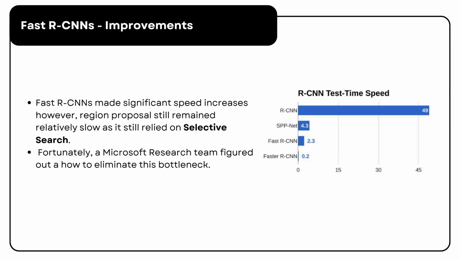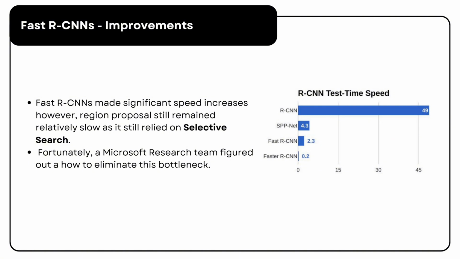As you can see here in the chart, we see RCNN at the top with 49 seconds test time. And we have SPPnet with 4.3 seconds and Fast RCNN with 2.3 seconds. But Faster RCNN, as you can see at the bottom, drops it to just 0.2 seconds.